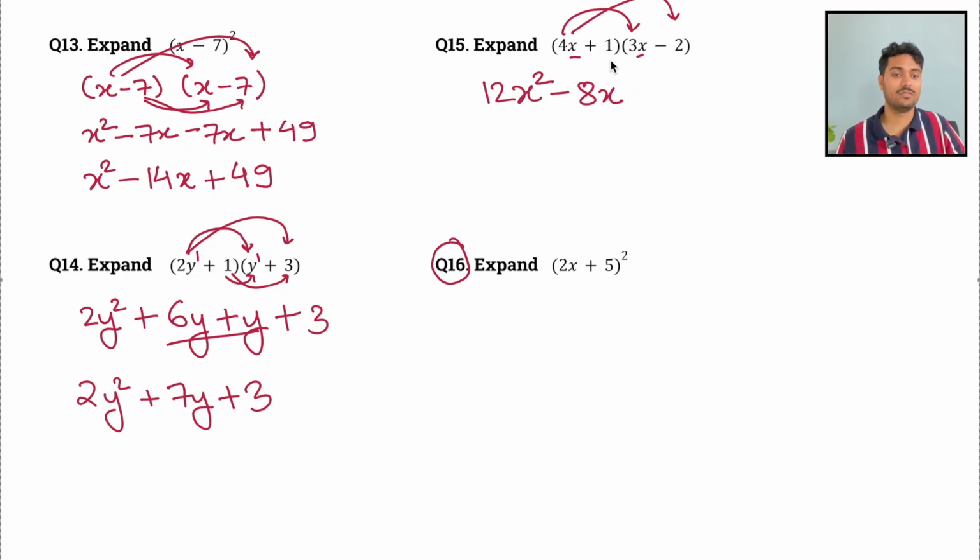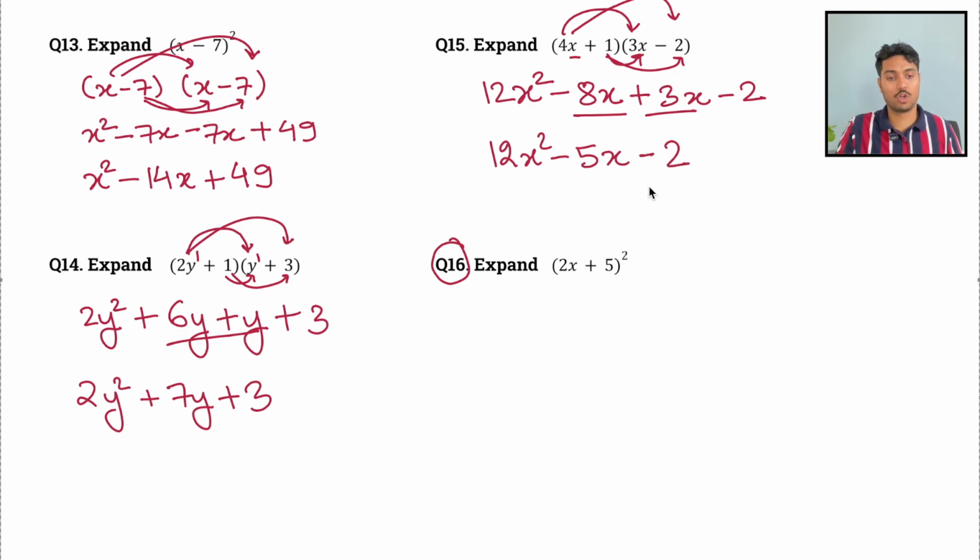Now second term with first term, so 1 into 3x हो जाएगा 3x, and 1 into negative 2, negative 2. So first term we'll write as it is, 12x square, minus 8x plus 3x हो जाएगा minus 5x and minus 2. That's the answer.